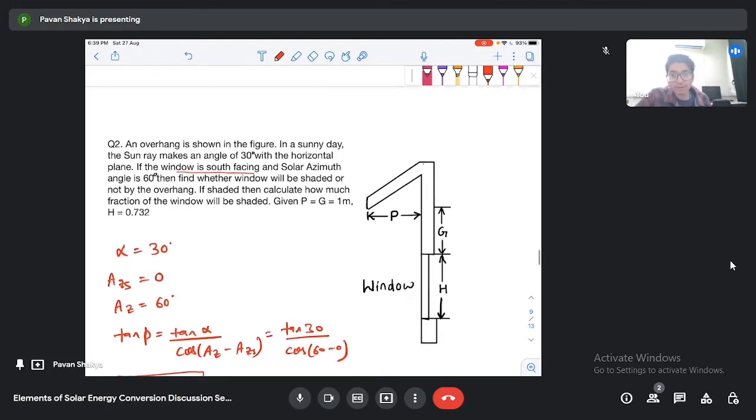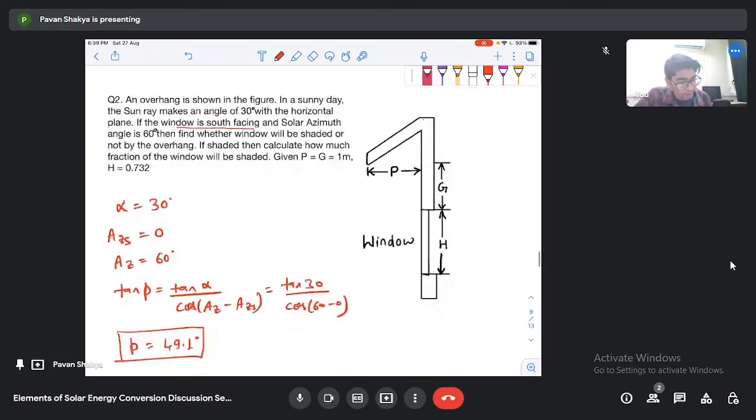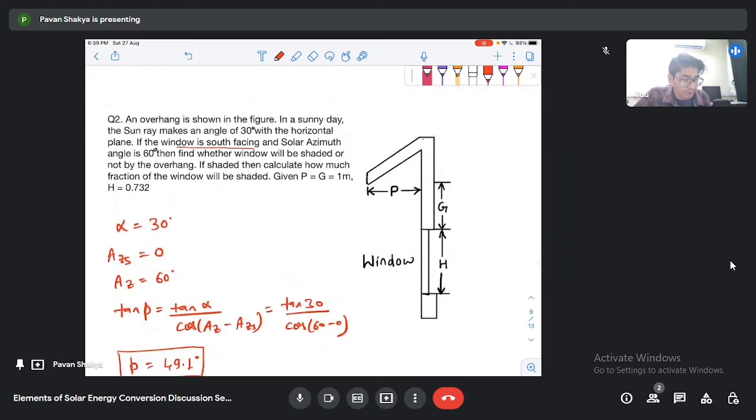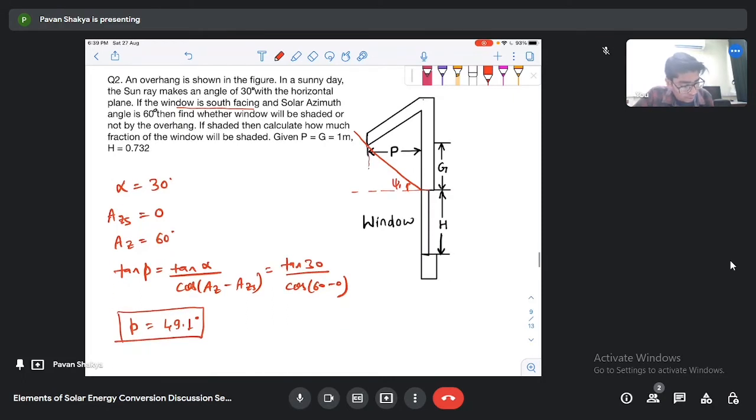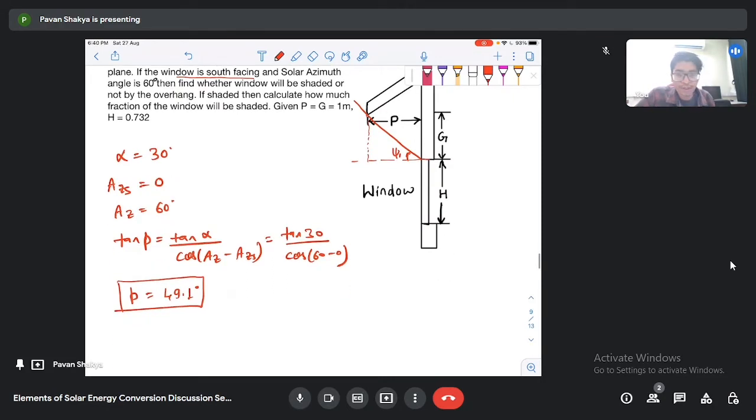Now in the figure you will see that if there will be no shading, what does that mean? If the sun ray is like this, then there will be no shading. Let's say this angle is psi 1. Then you can calculate this angle very easily. This angle psi 1 will be tan inverse of g divided by p.